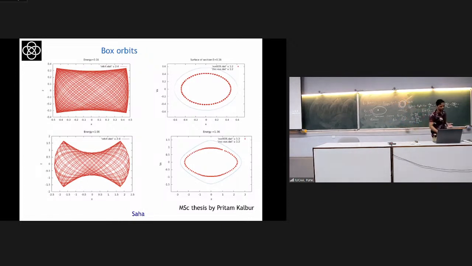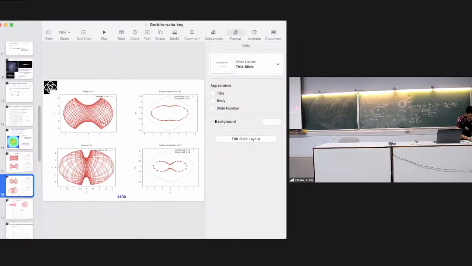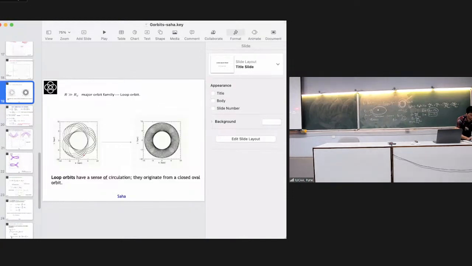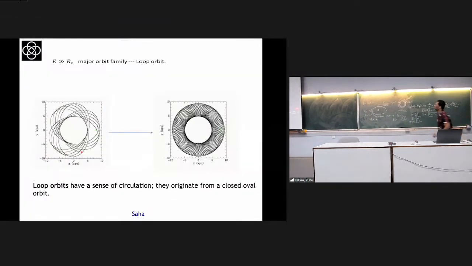So I think I have some example. This is an example of a loop orbit.